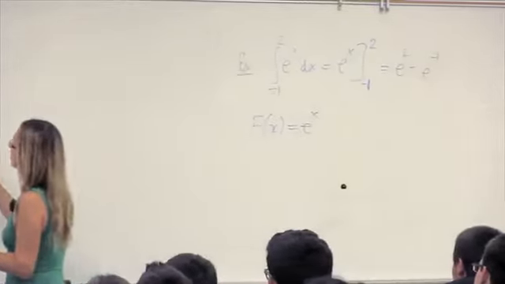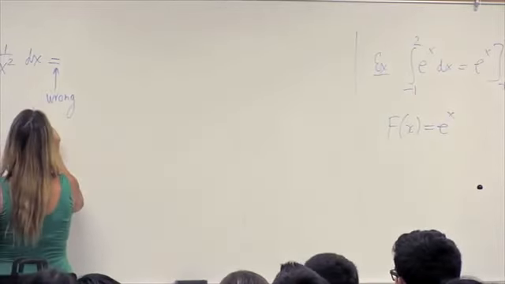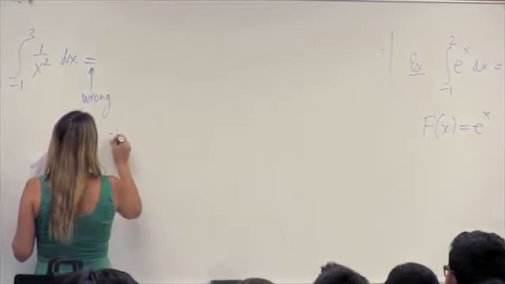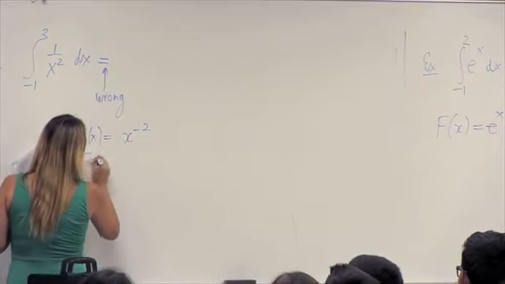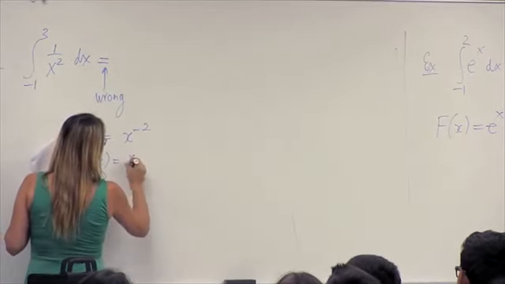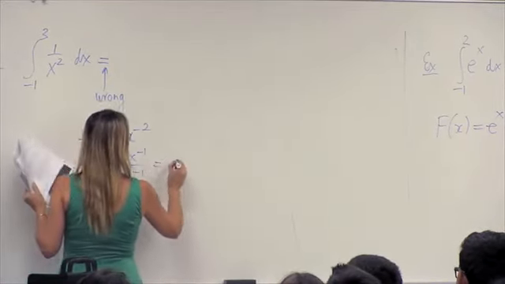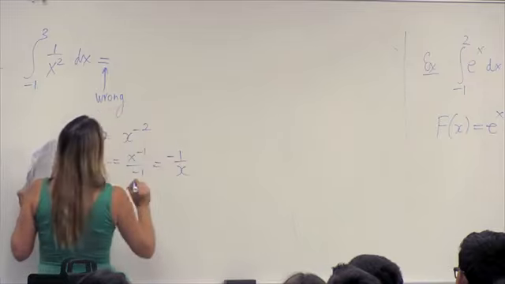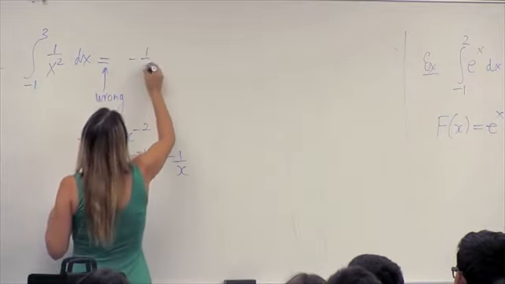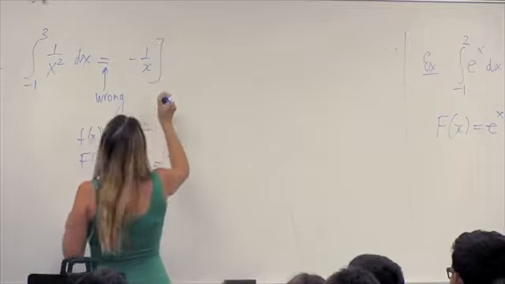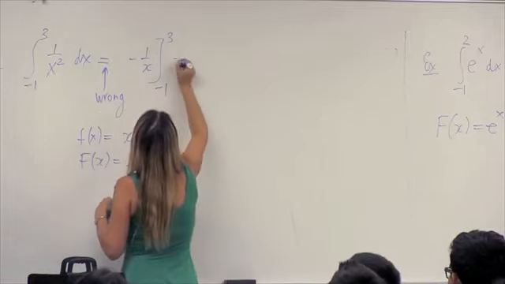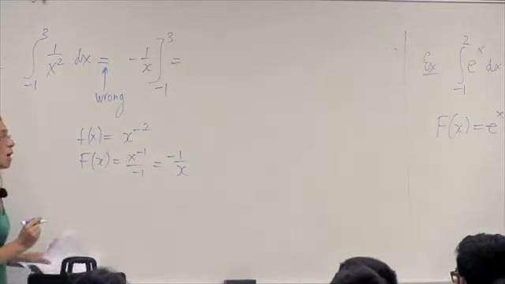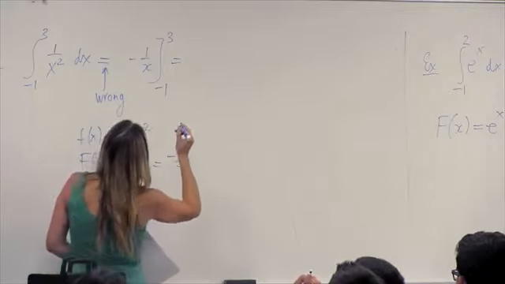So I'm going to say, okay, f of x is x to the -2. So the antiderivative is x to the minus 1 over minus 1. So it's -1 over x. I'm going to put that down here and go from -1 to 3. Okay. Now the rest is easy.